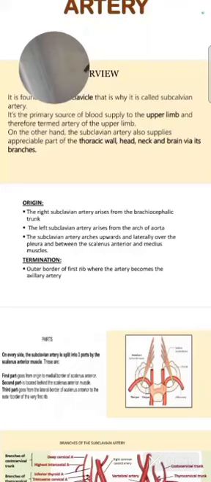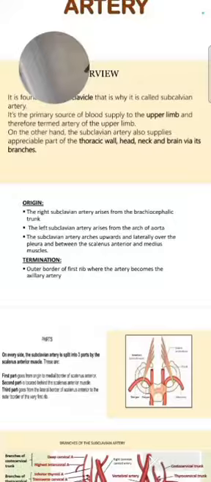One is brachiocephalic artery, the second one is left common carotid artery, and another branch is left subclavian artery. So the right subclavian arises from the brachiocephalic trunk, but the left arises directly from the arch of aorta.